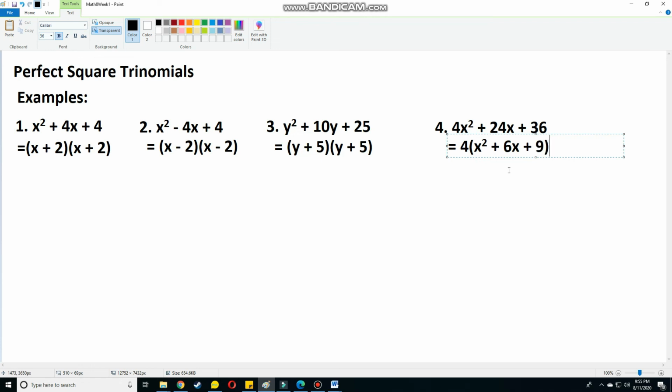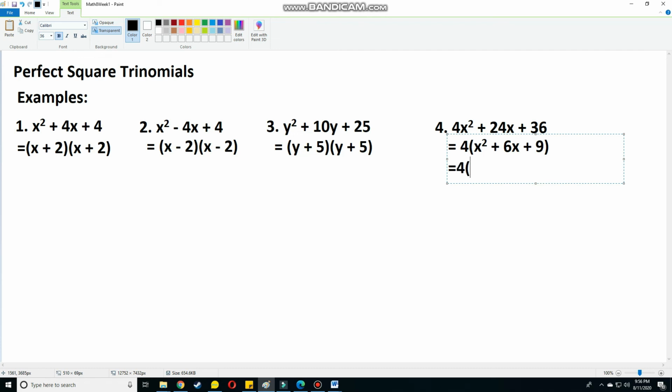Now, as you can see, we now have 4 times the quantity of x squared plus 6x plus 9. So x squared plus 6x plus 9 is now a perfect square trinomial. Then that would be the time we could apply factoring of perfect square trinomials.